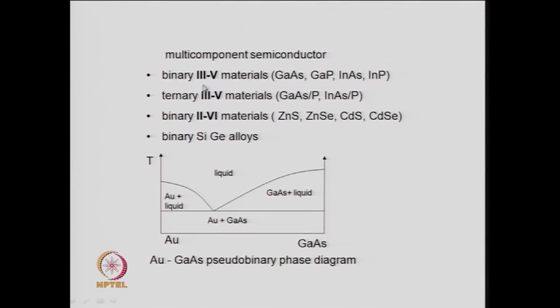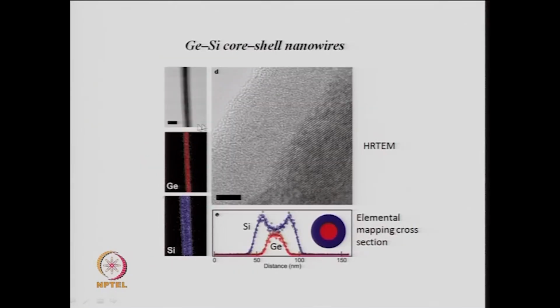So, using this VLS method you can make many types of semiconductors, like the 3,5 semiconductors such as gallium arsenide phosphides or indium arsenide phosphides, even 2,6 semiconductors like zinc sulphide, zinc selenide, cadmium sulphide, cadmium selenide, or you can make binary silicon germanium alloys, which is the example shown here.